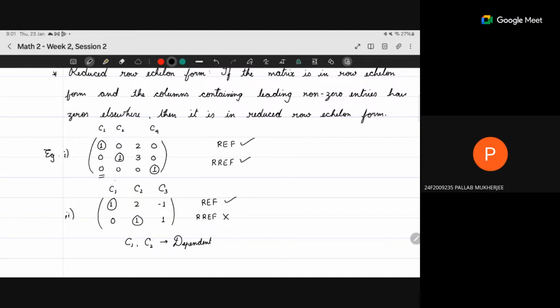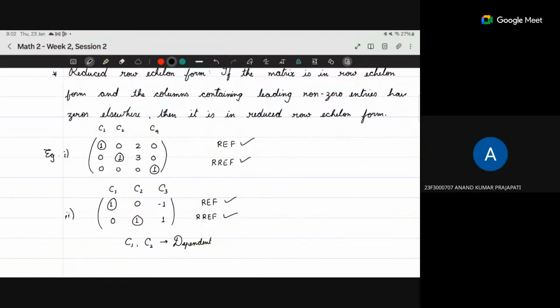Sir, in C3 there are 2 entries, but C3 is not a column which contains the leading entry of any row, so it does not correspond to a dependent variable. Okay, sir, got it. So you mark those leading entries and only care about the columns they come in. Understood, sir.